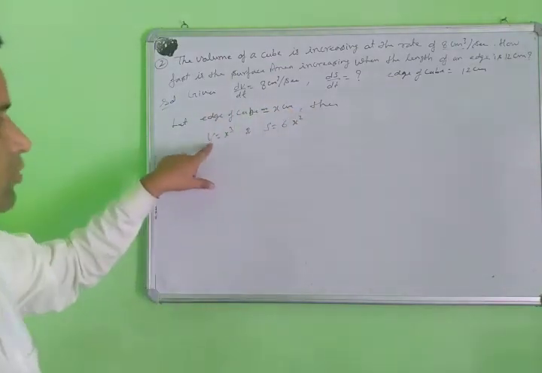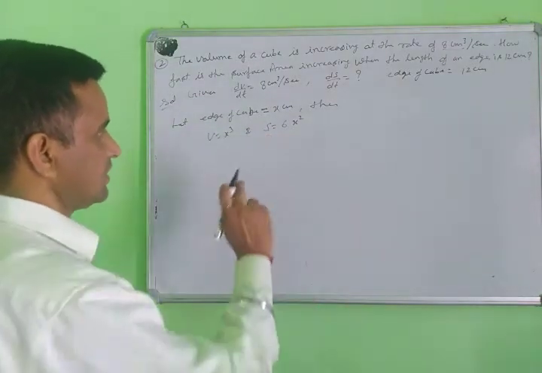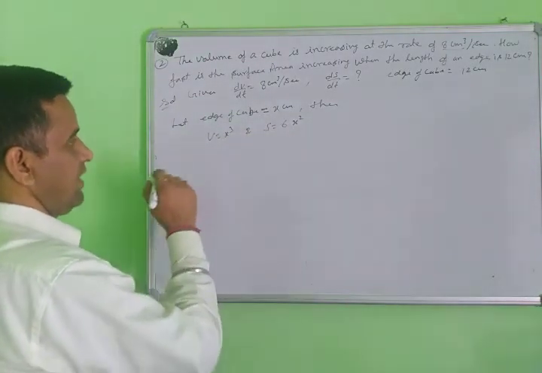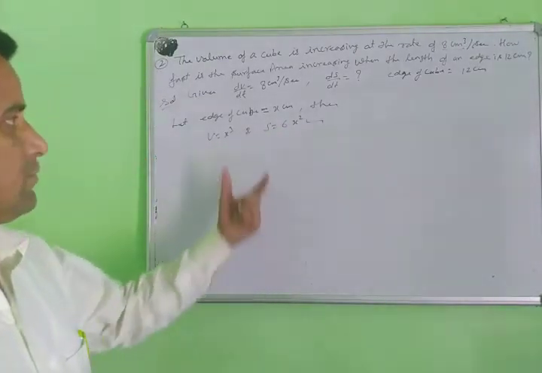Then the volume equals x cube, and the surface area of the cube is 6x square. These are both given things. So let the edge of the cube be x centimeter, the volume of the cube is x cube and the surface area of the cube is 6x square. These are the identities of the cube.